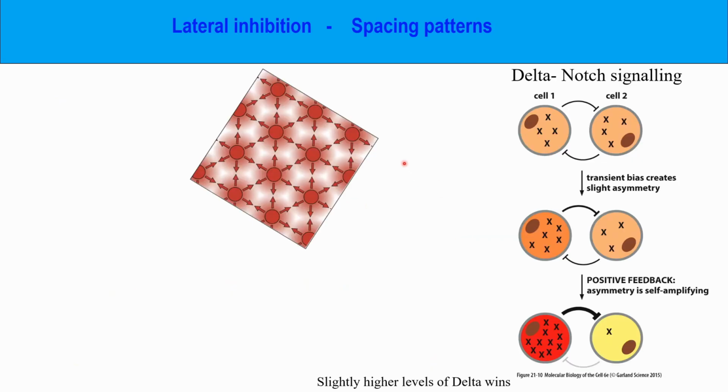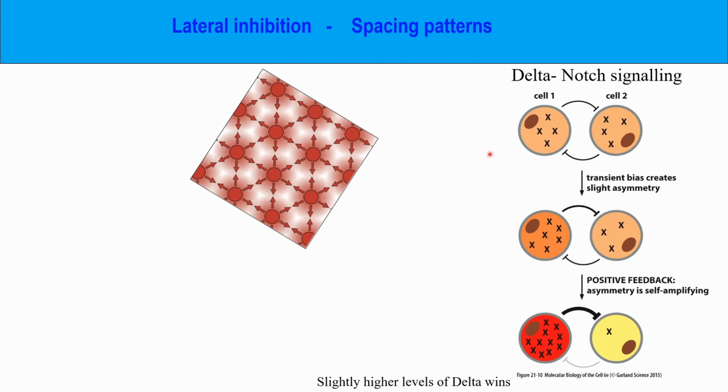What's important to think about is that, yes, all these cells are sort of equivalent, but in fact, if we turn this previous slide on its angle here, we see that already they're emerging in lines, and there is something known as a pre-pattern that is laid down before, which is these stripes of cells that are more equivalent than others. And Delta-Notch signaling between cells is then important to space out the cells more.